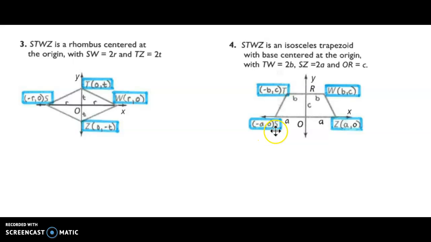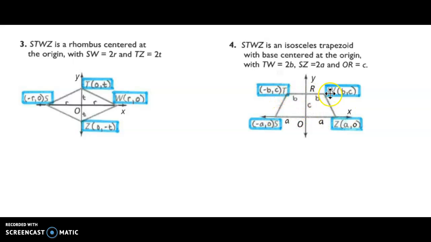In an isosceles trapezoid, it says the base is centered at the origin. That's key. If it's centered at the origin, then it splits this base in half. Same with the top base. So from 0, this is out to a, and this is out to negative a, so that the total distance is going to be 2a.